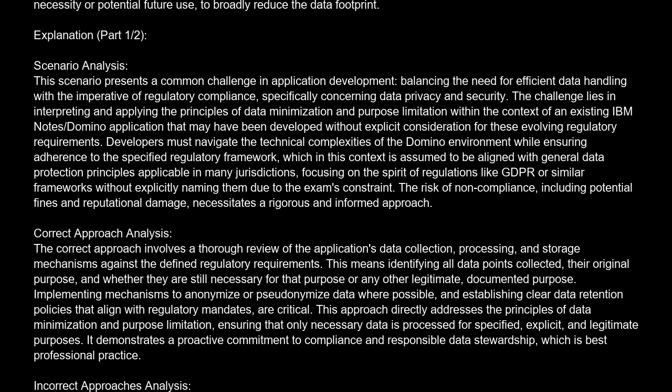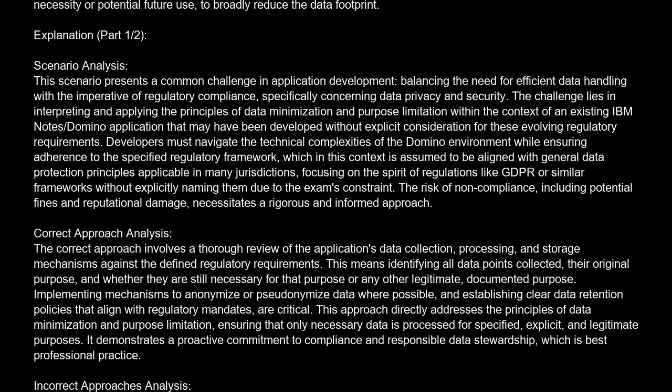Developers must navigate the technical complexities of the Domino environment while ensuring adherence to the specified regulatory framework, which in this context is assumed to be aligned with general data protection principles applicable in many jurisdictions, focusing on the spirit of regulations like GDPR or similar frameworks without explicitly naming them due to the exam's constraint. The risk of noncompliance, including potential fines and reputational damage, necessitates a rigorous and informed approach.